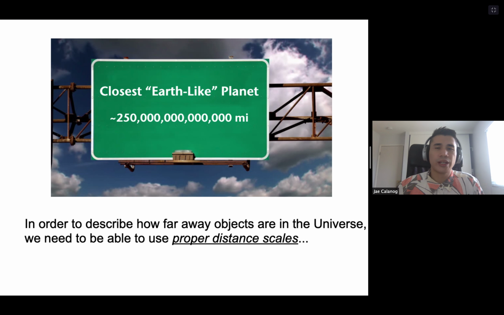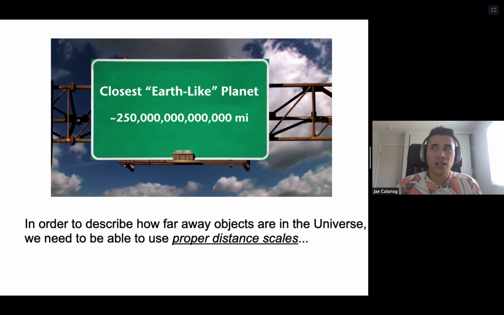And so if I were to tell you the closest Earth-like planet, and you use the scales that we measure in daily life, like miles, for example, you might come out with a number that looks like this. And that reads as about, I think, 250 trillion miles. And that only gets bigger if you're looking for other planets.